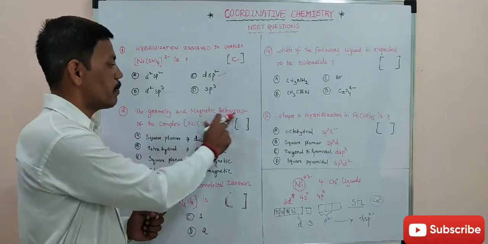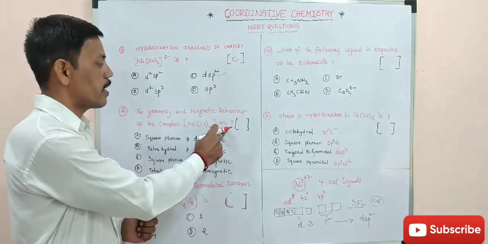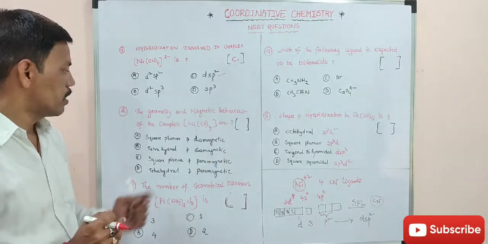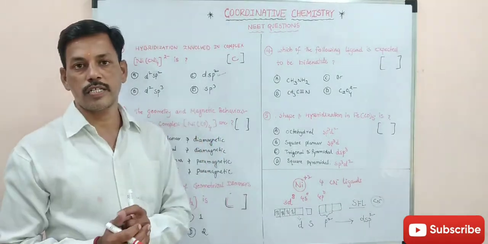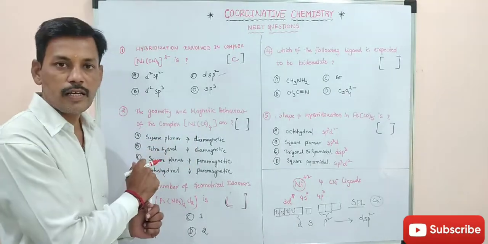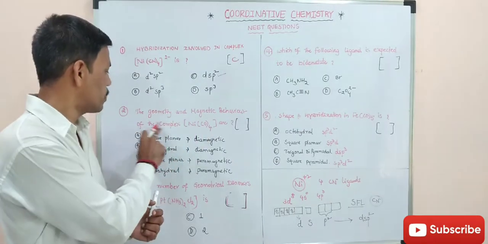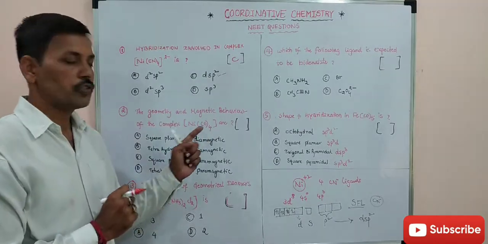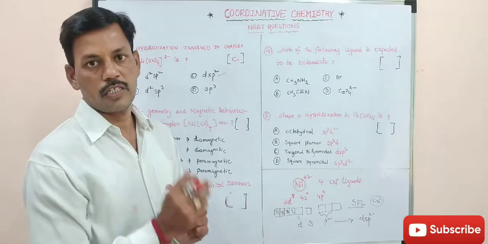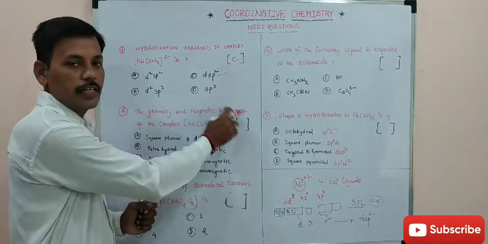The geometry and magnetic behavior of the complex tetracarbonylnickel are, right? They are asking 2 questions here. The complex is given. They are asking the geometry and magnetic behavior of the complex. Geometry means the shape of the complex compound, and then the magnetic behavior.